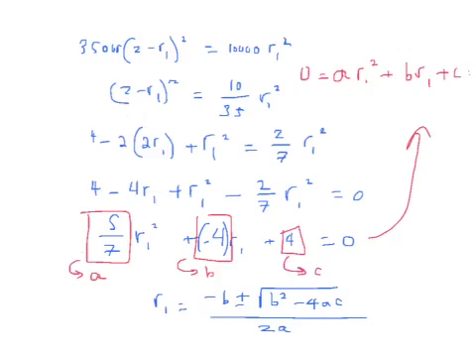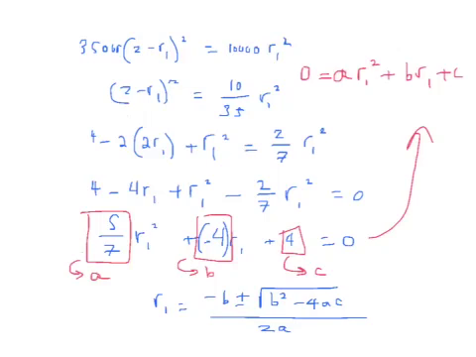There we go. And I rewrote this equation to have this form so that I could figure out A, B, and C, the coefficients to the r1 squared, r1, and r to the 0 terms.